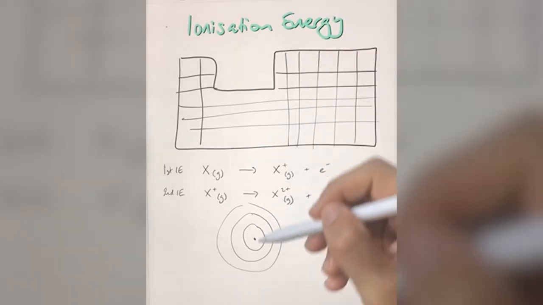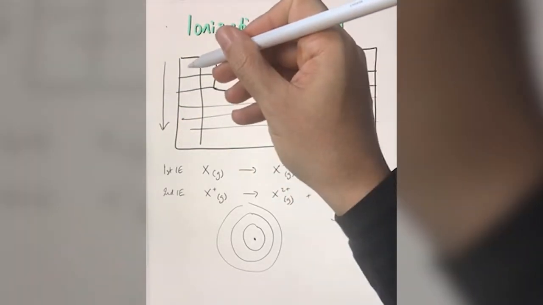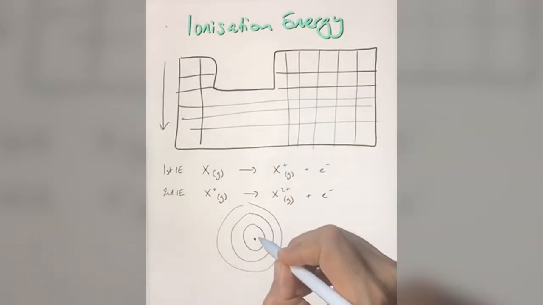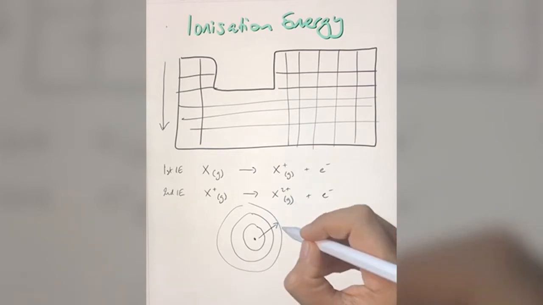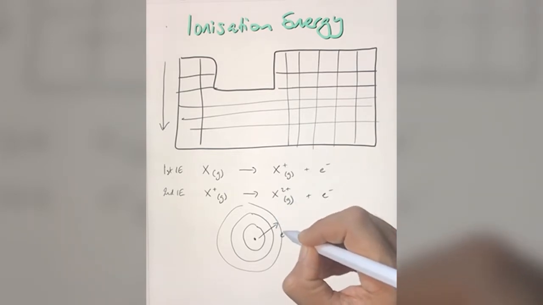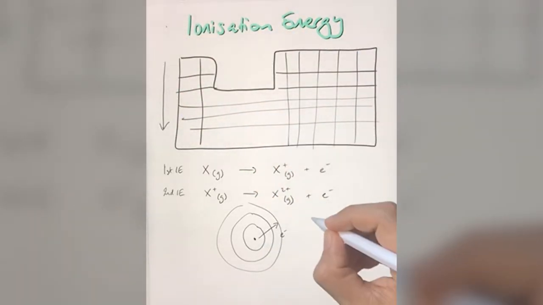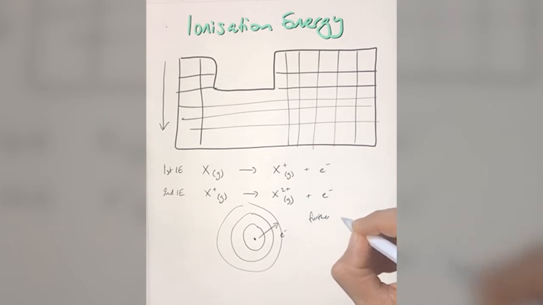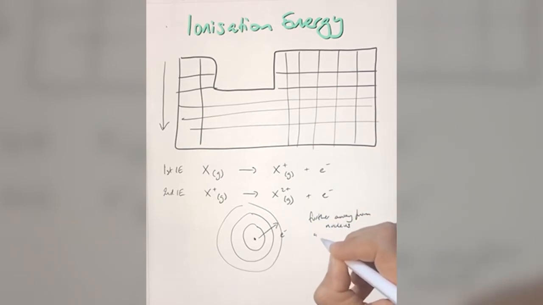So as you go down a group, we're going out in these electron shells, or up in energy level. The electron in the outer shell, as we go down a group, is further away from the nucleus, which we call atomic radius.